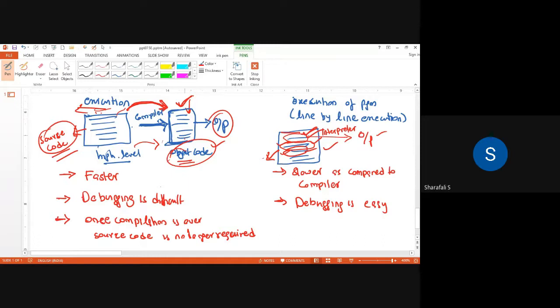In terms of memory, we can have some more memory, because source code is not required for execution when you're using a compiler. Once compilation is over, the object code is enough to do any repeated action of the same program. But here we need the same source code if we have the same task again and again, and we have to go line by line again.